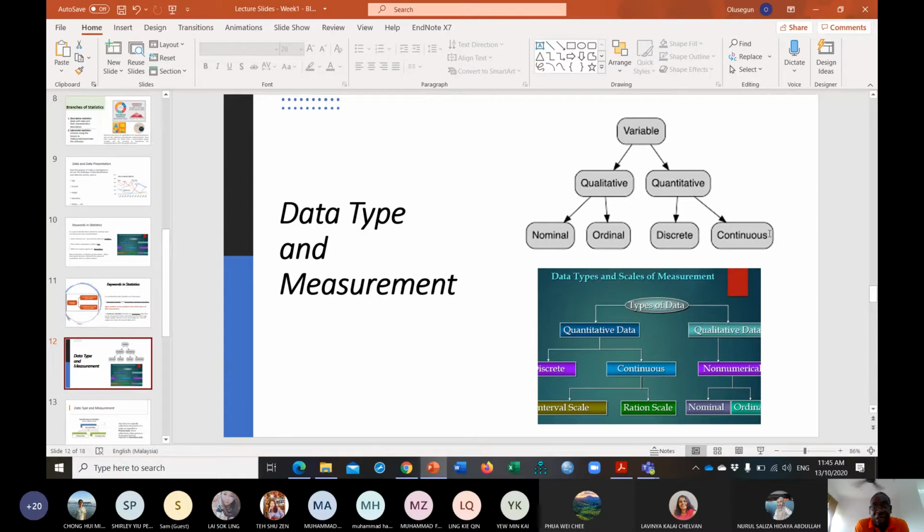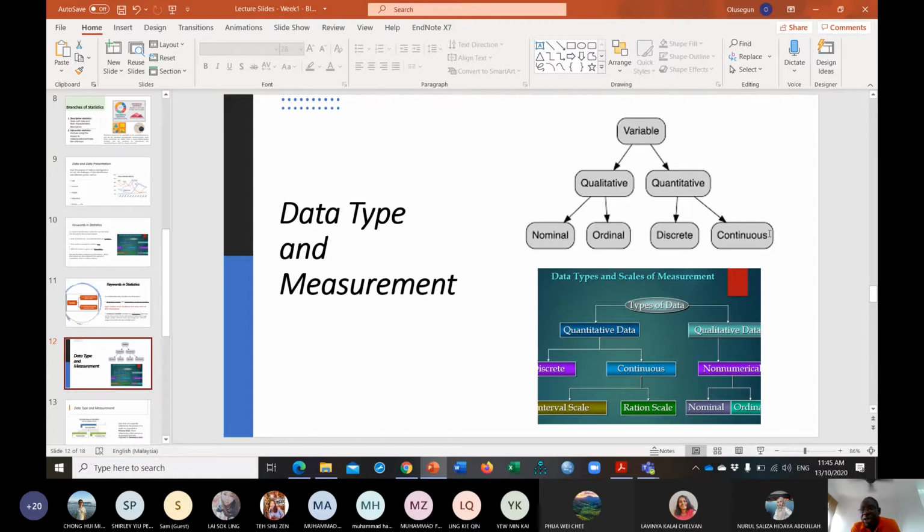For example, gender. When you say male, female, how do you measure male? How do you measure female? So such is a qualitative data that can be transformed into a quantitative data through ranking or through giving nominal numbers or ordinal numbers.